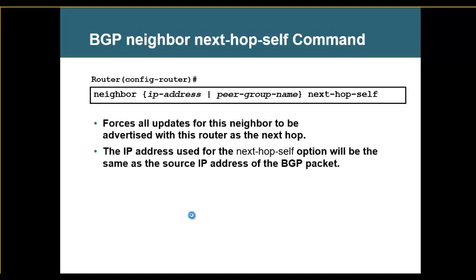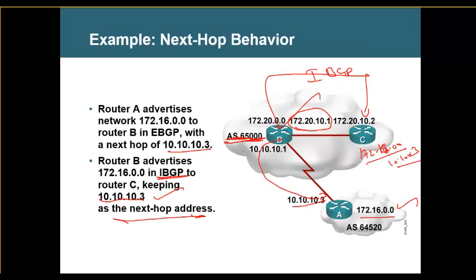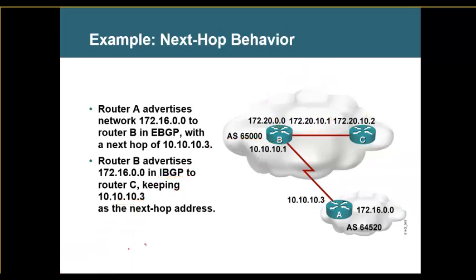Listen, we just saw router C will have this address as the next hop. But tell me, can C ping 10.10.10.3? No. Why won't it ping?